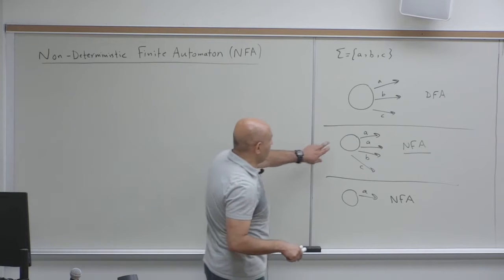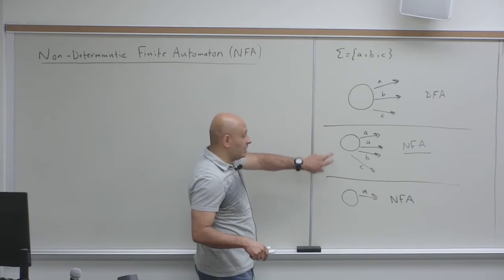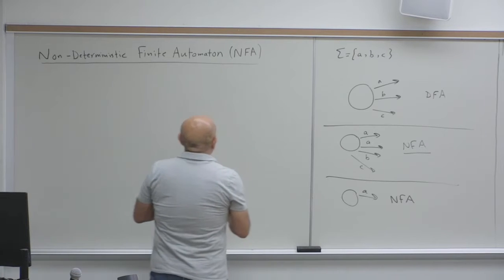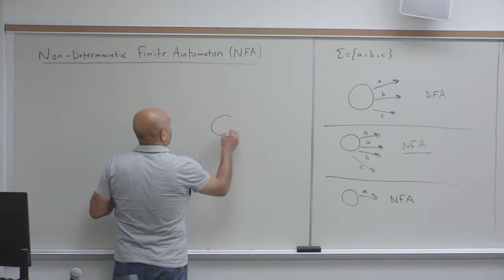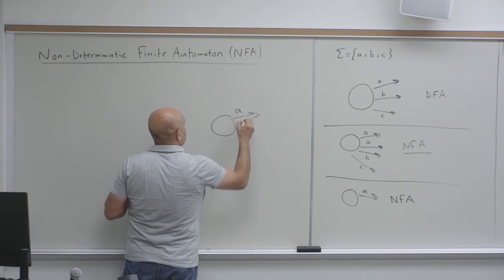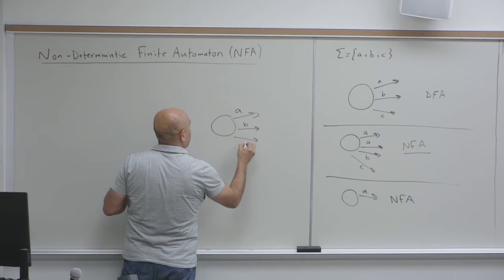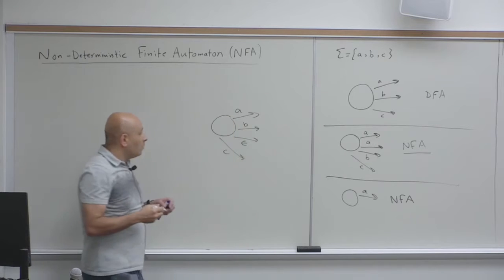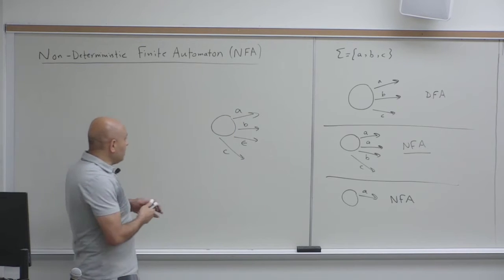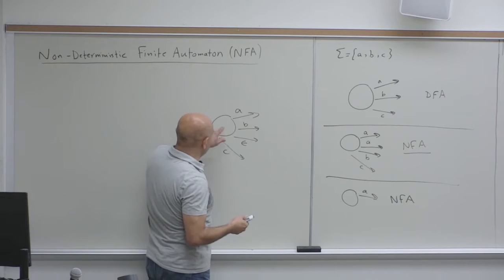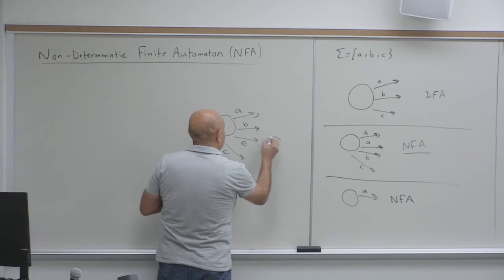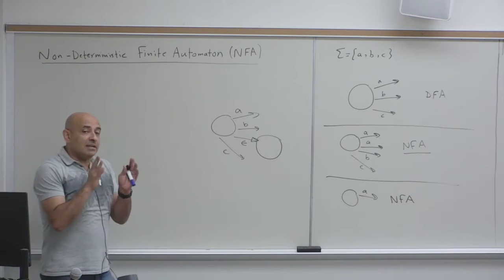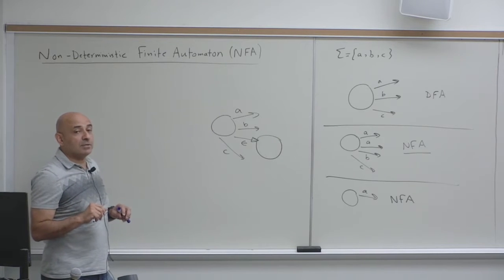So this is possible violation number 1, possible violation number 2 of the DFA property. Violation number 3 is having an epsilon transition. What does an epsilon transition mean? It means that you can transition from this state to this state without reading any symbol in the input string.